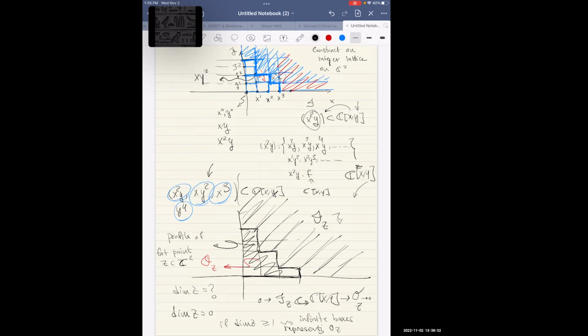The torus is acting on X, so if it is just one power of X, it just gets dilated by T times the torus. But if it is X squared, if I modify X to Tx, then X squared will give me T squared X squared. So that means it's weight 2, because the power of T gives me the weight of the action.